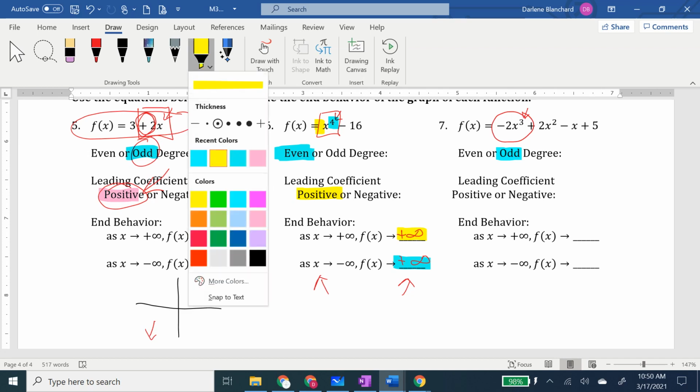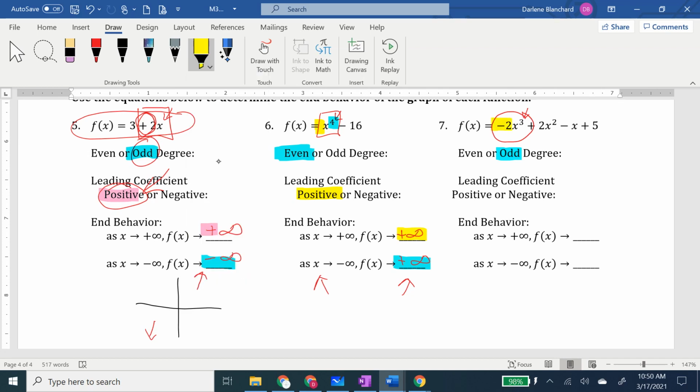The leading coefficient is negative. The fact that the leading coefficient is negative says the right end goes down. The fact that it's an odd degree says that the left end does the opposite sign and goes up. And that's everything you need to know.